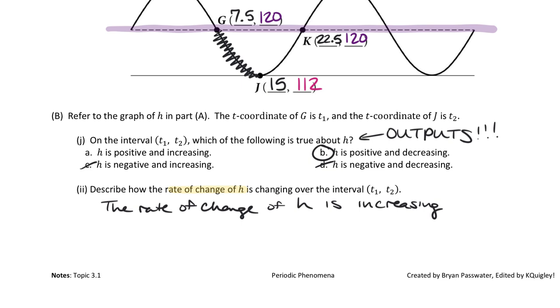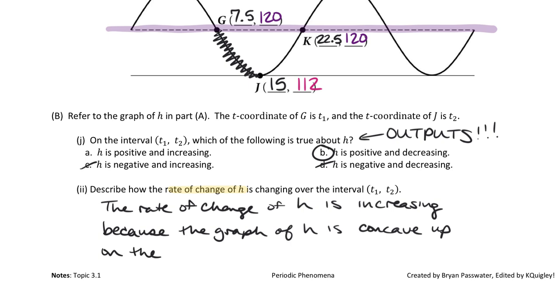The rate of change is increasing because the graph of H is concave up on the interval from T1 to T2. Here are your two keywords that change every time. But the beginning and the end of the sentence are straight from the question. So you can always look at the question to remind yourself how to write the sentence.